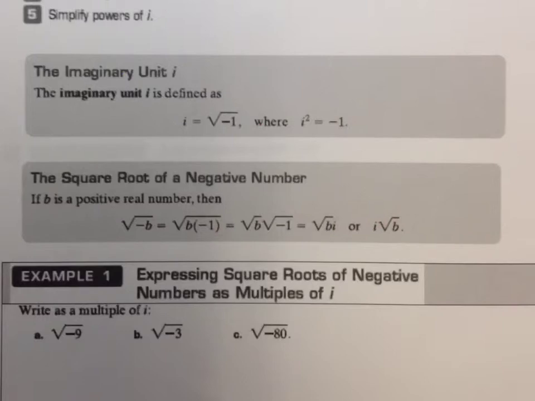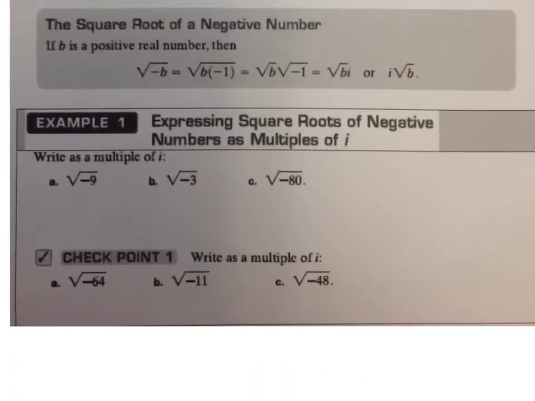So let's look at example 1. It says write as a multiple of I. So we've got the square root of negative 9. Again, in the past we've had to say this is not real, we can't take the square root of a negative. Well, now we're going to be able to take the square root of a negative.